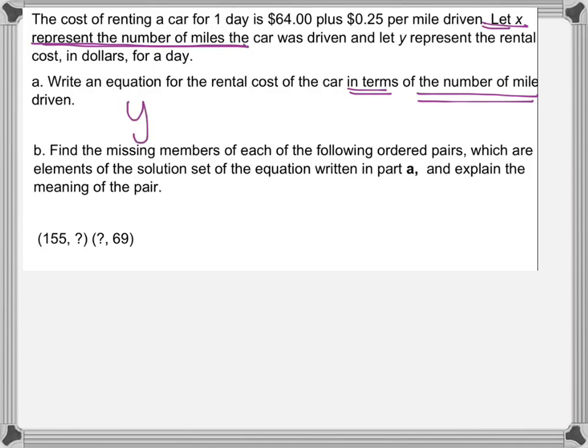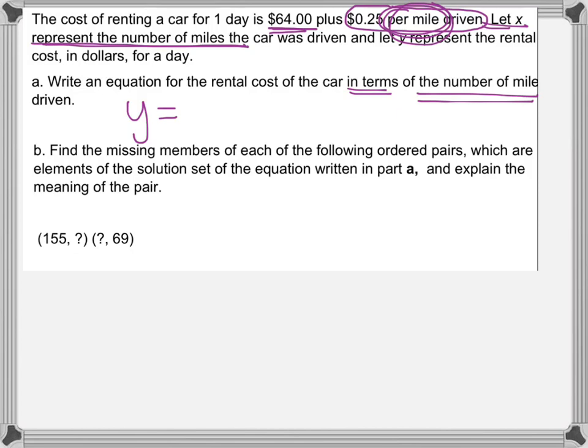So the total cost is equal to, now this 25 cents is associated with your variable because that's per mile. That's your per mile fee, so that's dependent on how many miles. The $64 is just a constant cost. That's not going to change depending on the amount of miles you drove.